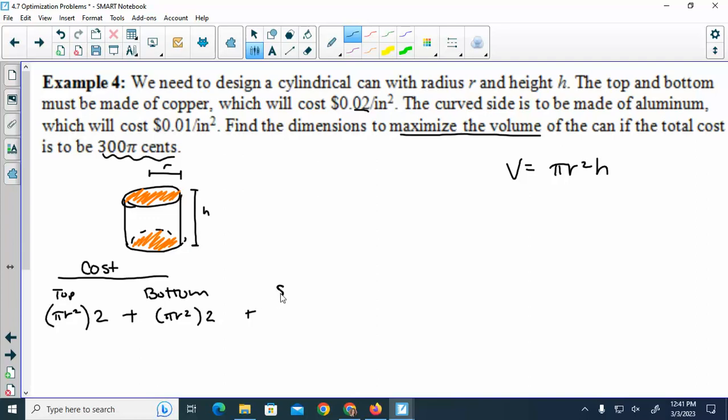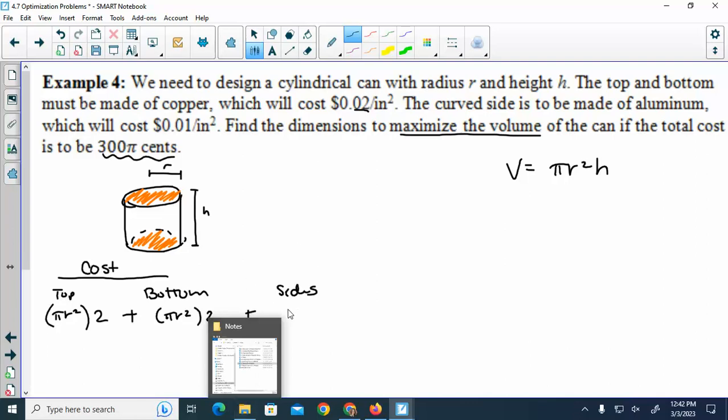And then we have the sides. Alright, so think about your soup can. If you take the label off that can, so you unpeel it, what shape is it? A rectangle. Okay, we know how to find area of a rectangle, don't we? Length times width. So when you unroll it, the length is the total distance around that can, right? What's the name for the distance around the outside of a circle? Circumference.